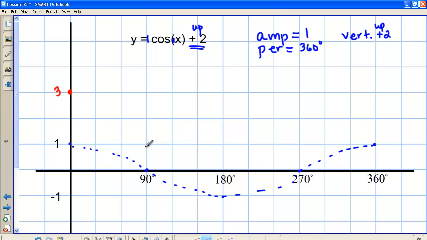Instead of hitting 0, it'll go to 2, min, 1, back to 2, and back to 3. So the two curves look really quite parallel because everything has been translated up 2 units.